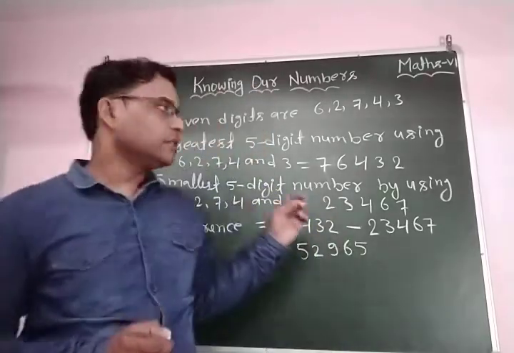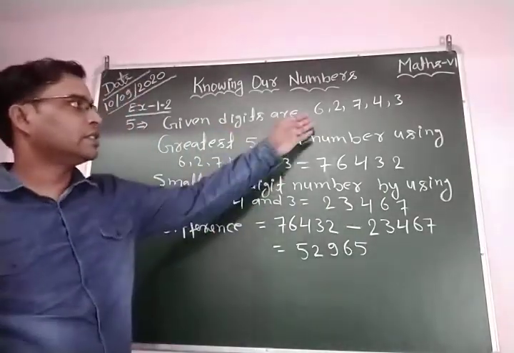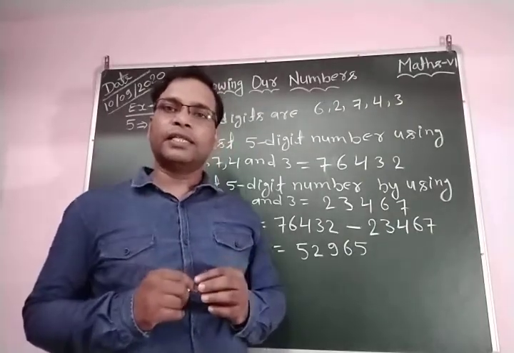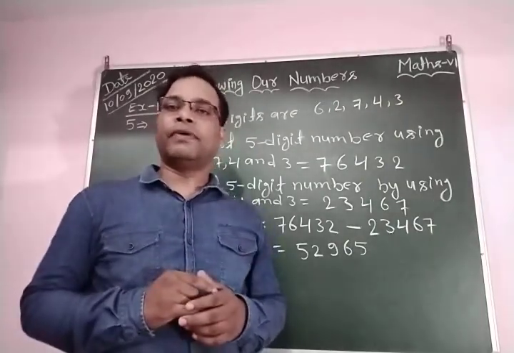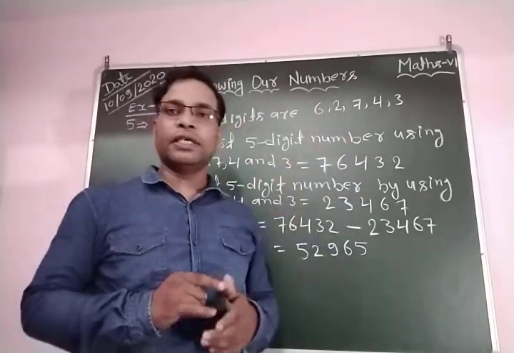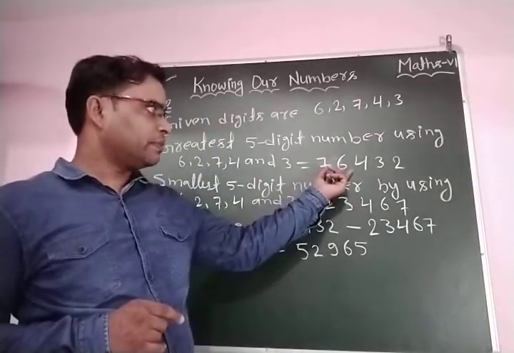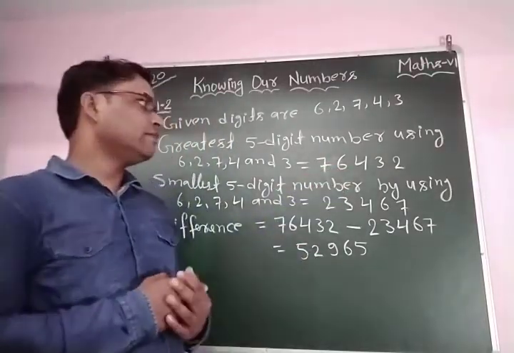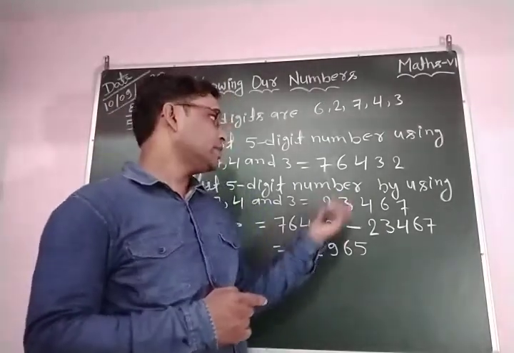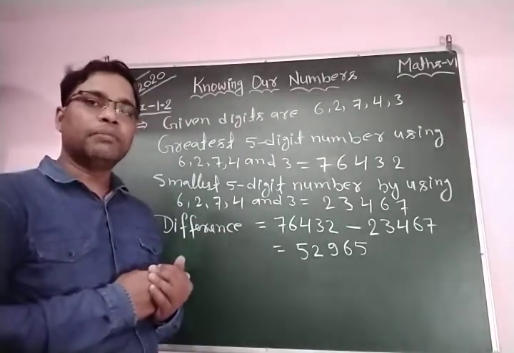First we write the given digits, and after this we find the greatest 5-digit number using the given digits. So we obtain 76,432.